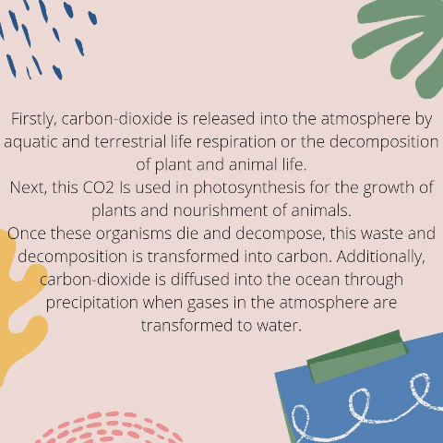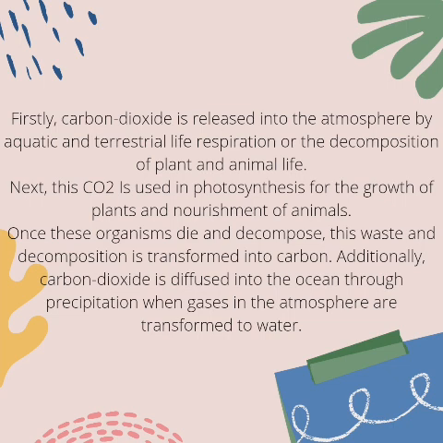Firstly, carbon dioxide is released into the atmosphere by aquatic and terrestrial life respiration or the decomposition of plant and animal life. Next, this CO2 is used in photosynthesis for the growth of plants and nourishment of animals.